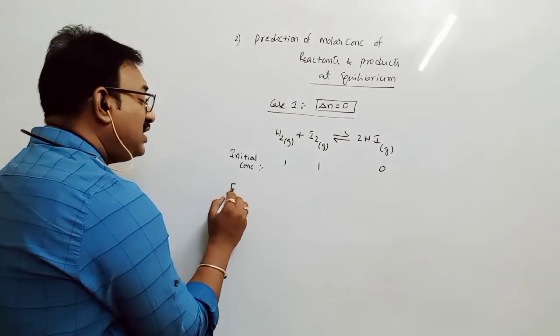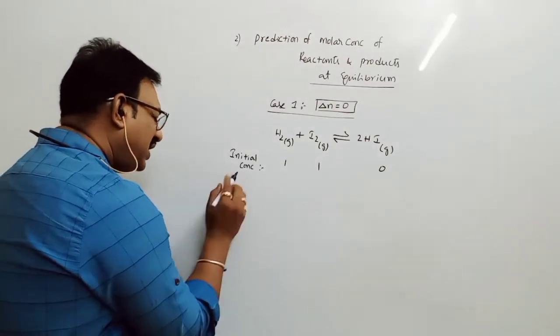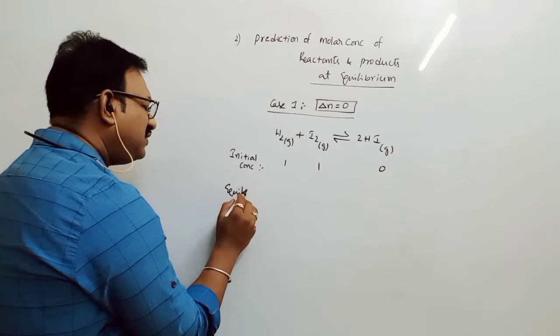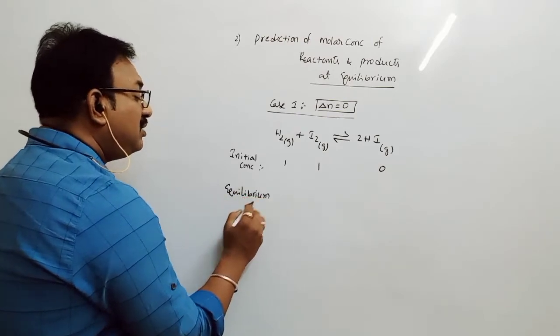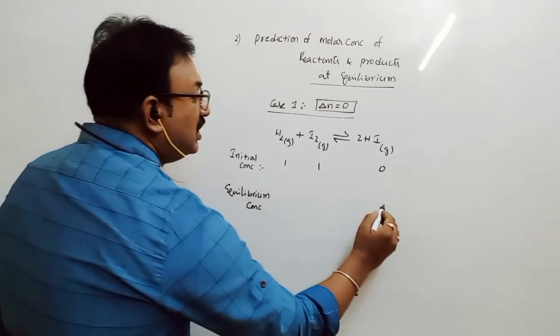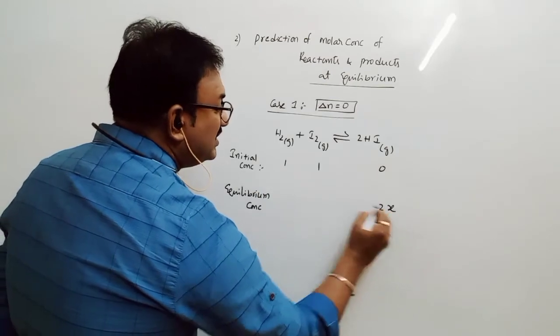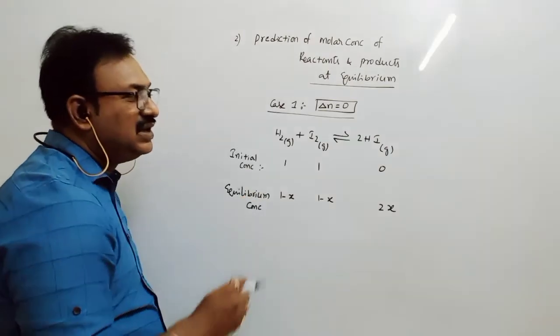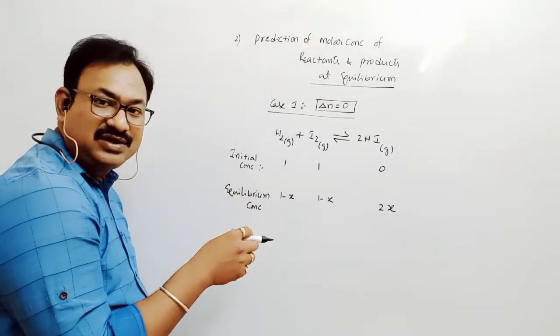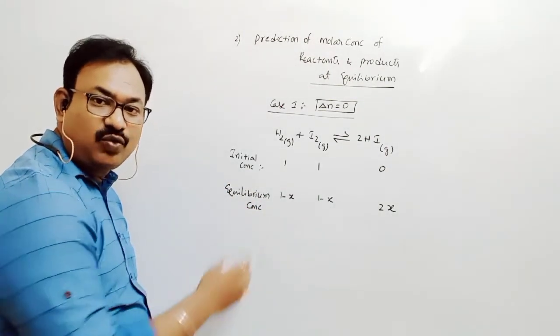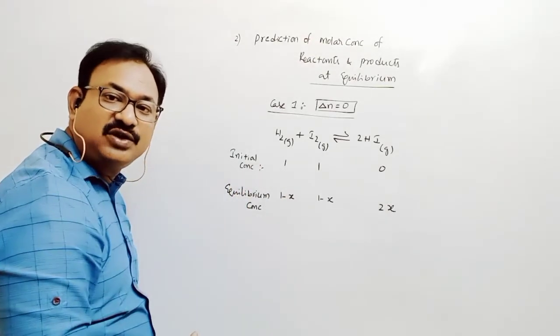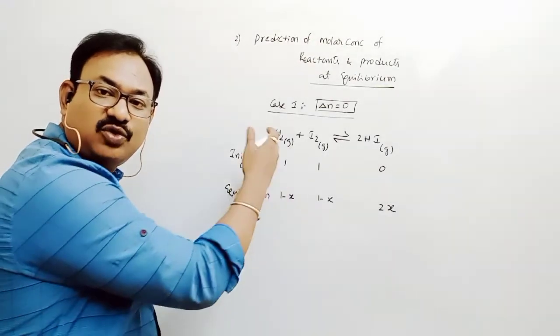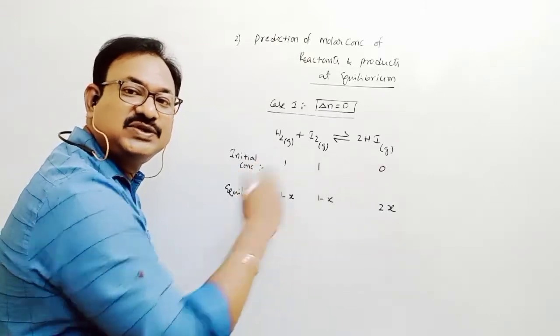Right. Next, finally the equilibrium concentration. If you take equilibrium concentration, if this is 2x then this one will be 1 minus x, and this one 1 minus x. Here x is considered to be the degree of dissociation. x mole dissociates from 1 mole, so what will the product be? 1 mole gives 2 moles, so x mole gives 2x.